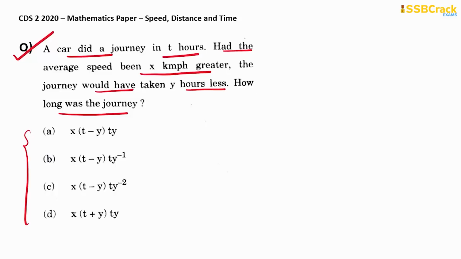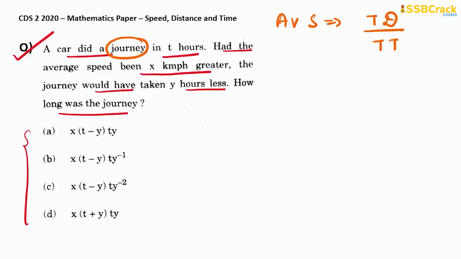Average speed is equal to total distance upon total time taken. Now, here distance is not specified, but it is constant because we are covering the same distance, as we are talking about one journey only.